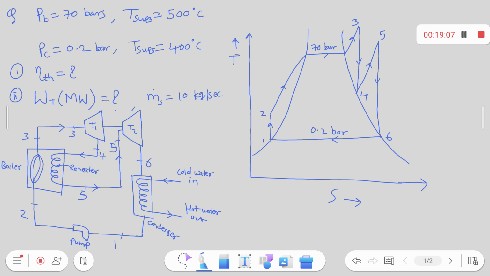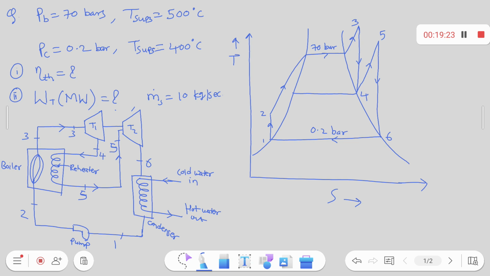How to calculate H5? First you have to calculate the intermediate pressure. You have to calculate the intermediate pressure from the HS diagram itself. Right?